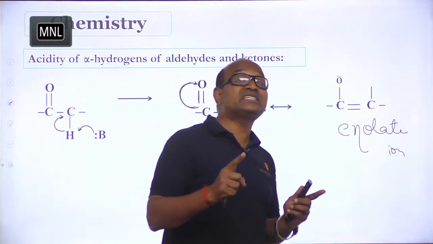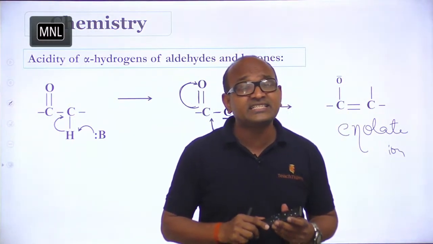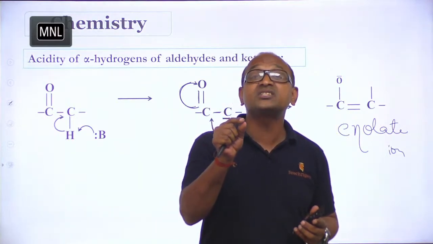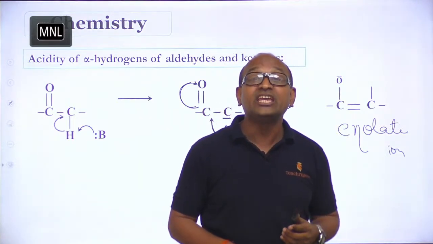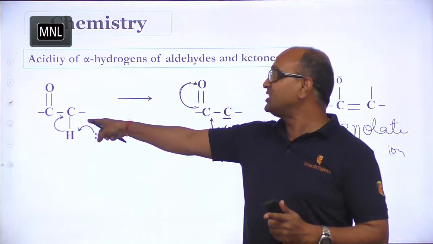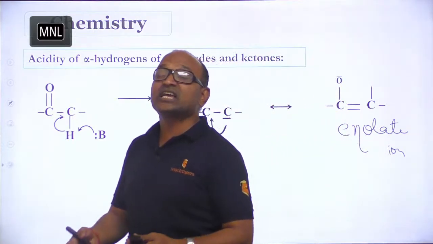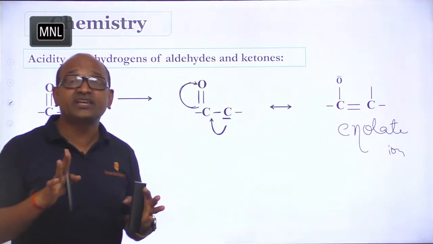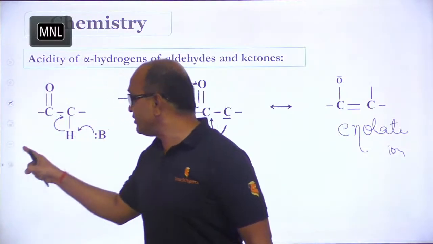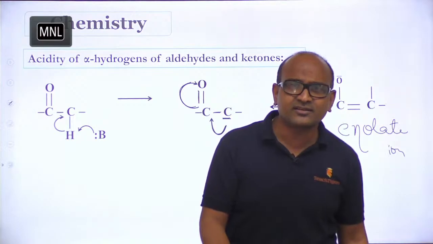So the carbonyl compounds that undergo aldol condensation reaction first form the enolate ion, which is the conjugate base formed by the removal of the alpha hydrogen. Right? So let me revise, guys. Aldol condensation reaction is given by carbonyl compounds having alpha hydrogen. This alpha hydrogen is acidic in nature, right?